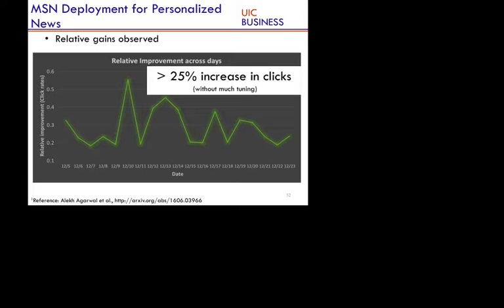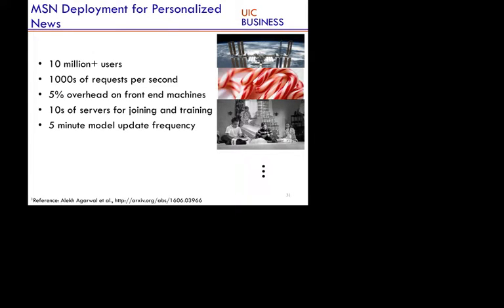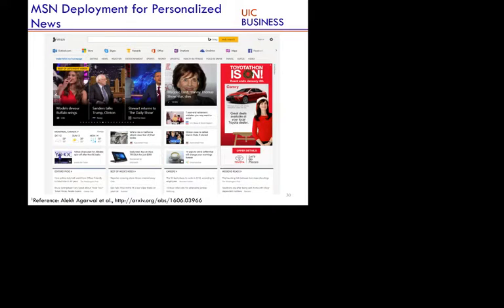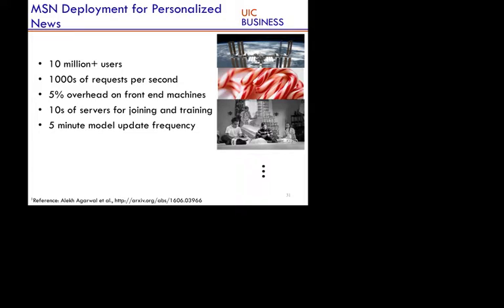Yeah. So are we saying that my action now will result in the next 5 minutes, the MSN will change the way it reacts with me? No, so MSN is going to show this page. You're going to do some action, and that action is logged immediately back to them. And in their case, in this production system, they are only changing the model or the recommendation policy every 5 minutes.